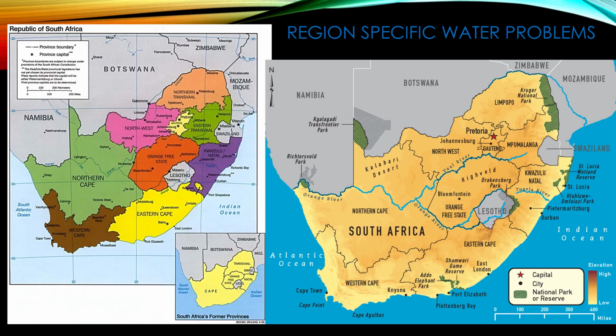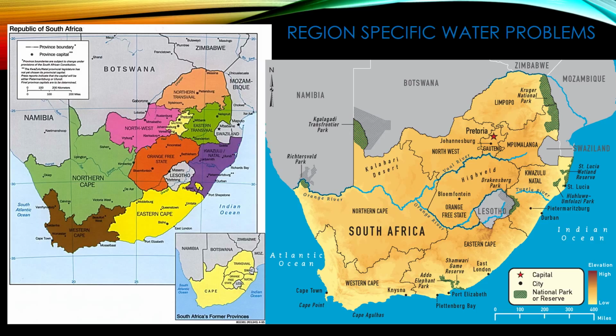So we've gone over some of the general situations in South Africa for the entire country that are causing this water crisis. Right now we're just going to look at the more region-specific water problems. These are to give you an idea of where we're talking about.